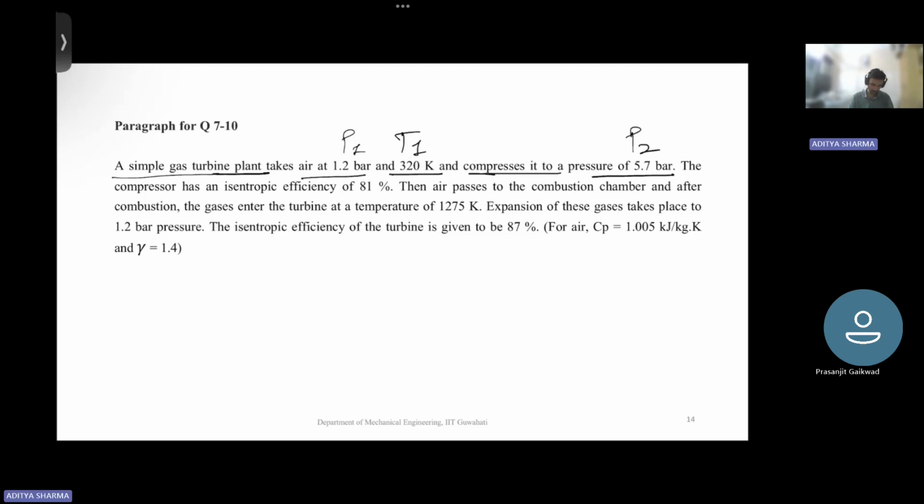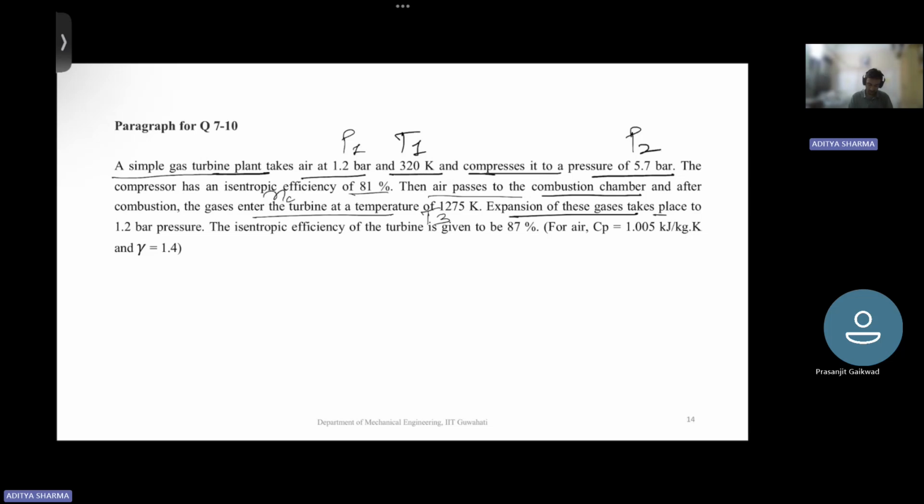The compressor has an isentropic efficiency, so eta C is given. Then air passes to the combustion chamber. And after combustion, the gases enter the turbine at a temperature of 1275 Kelvin. So T3 is also given.